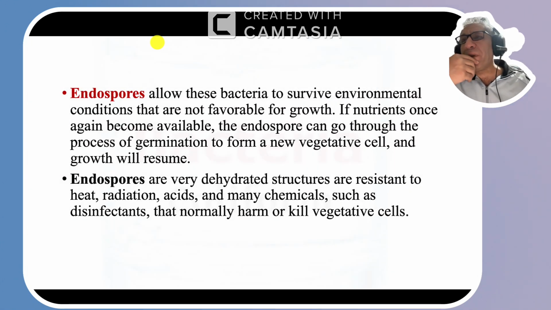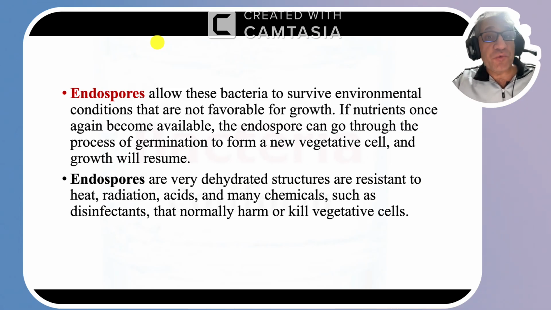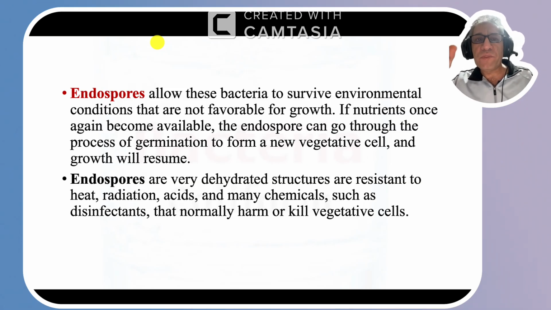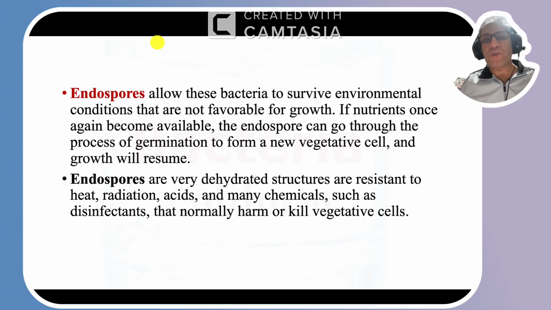And what are the main characteristics of the endospore? The endospore is a dormant form that helps the bacteria survive bad environmental conditions, such as lack of nutrients and bad temperature, in general conditions that are not favorable for growth.